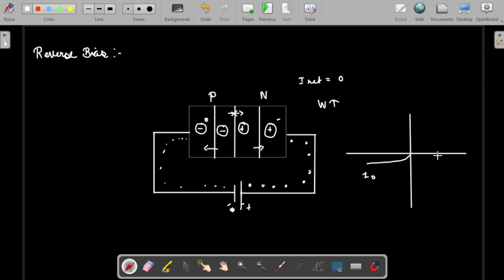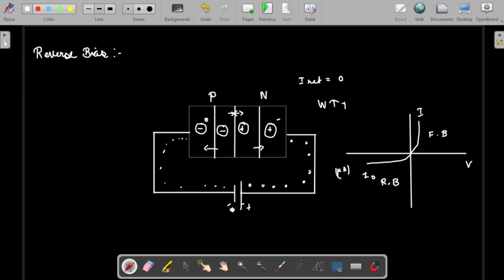So that is for V and I. In forward bias it will go this way, but this is forward bias and this is reverse bias. In reverse bias the current will flow in this region, it will be constant and will not increase further. It is in the range of microamps, a very small current only, but here it will flow in milliamps. So there will be about a 1000 times difference between the two. So we need not worry.